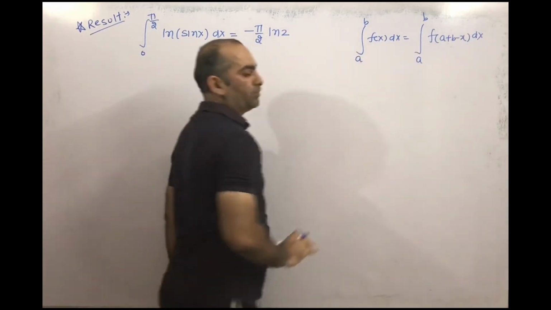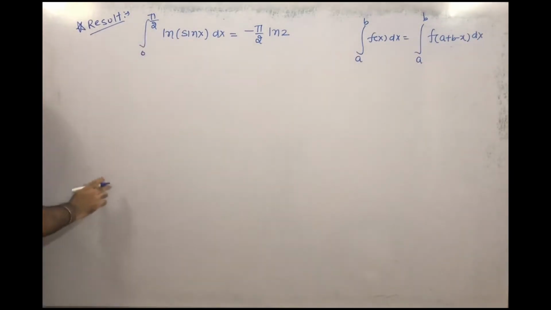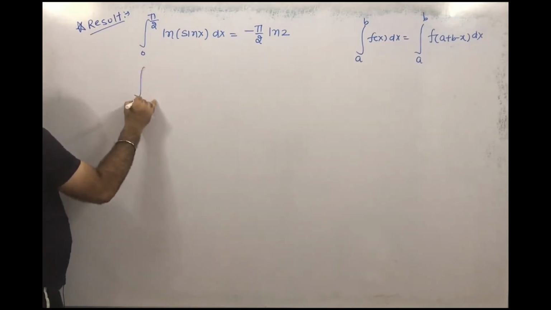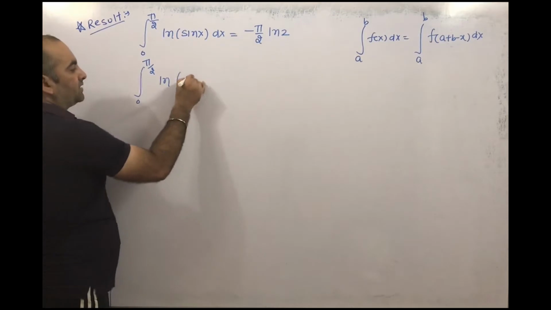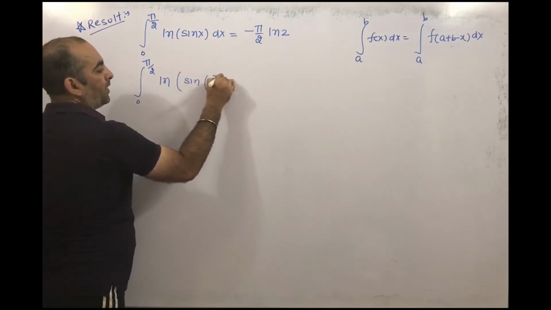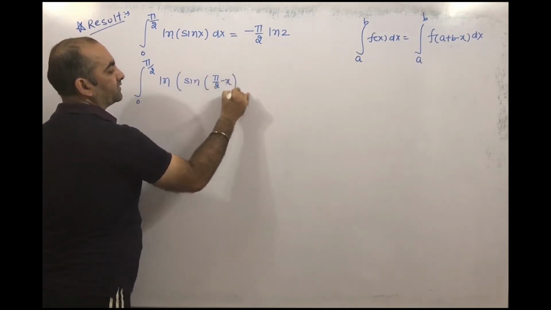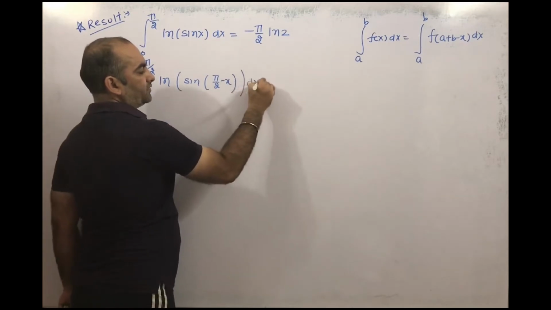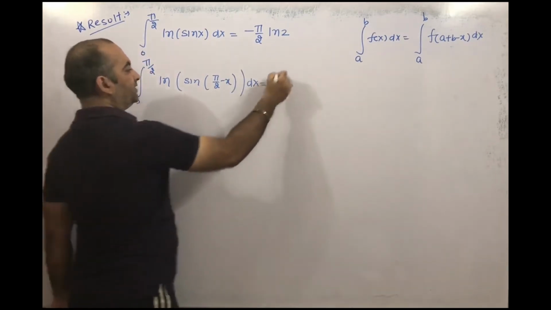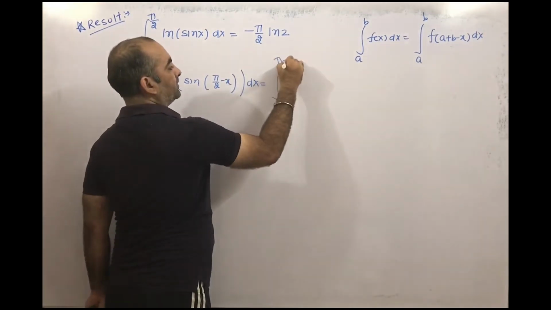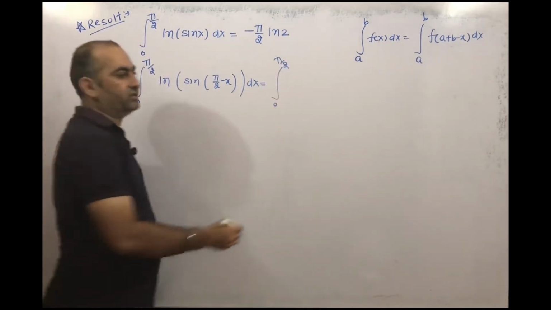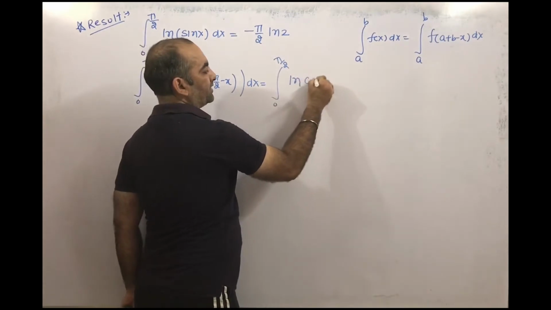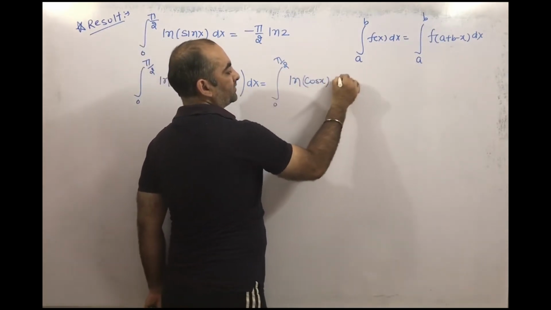So using this property, we can write this as integration 0 to pi by 2 ln of sine of (pi by 2 minus x) dx. Sine of pi by 2 minus x is cos x, so this becomes ln of cos x dx.